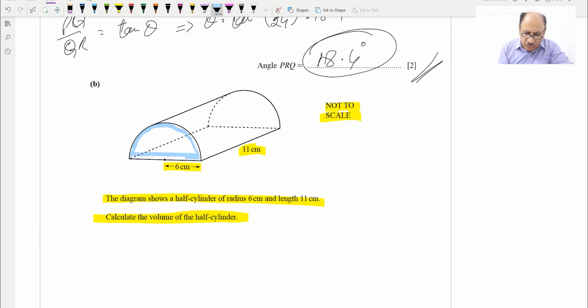We have the radius. For the complete circle it will be pi r square, but in this case we have a semicircle, so it will be half of pi r square, and r value is 6.